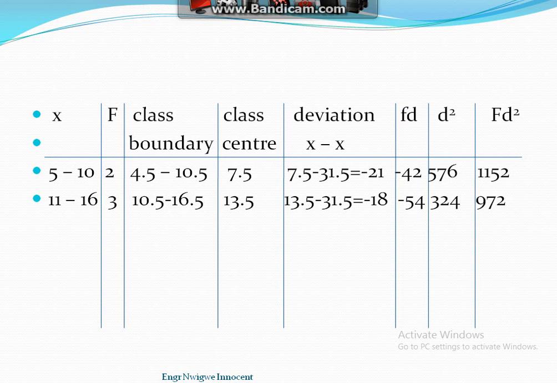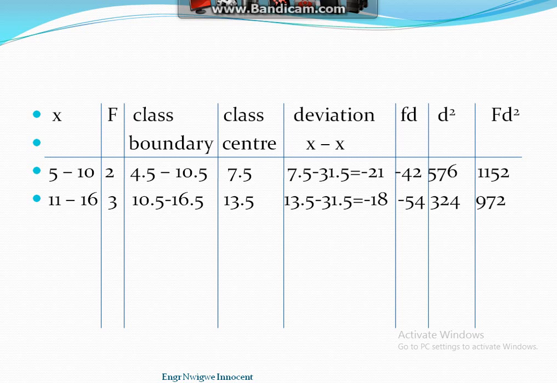The deviation is the class center minus the assumed mean, which will now give us minus 18.